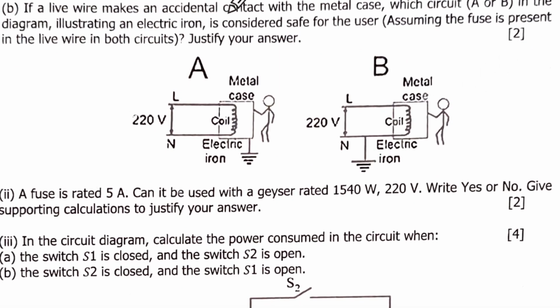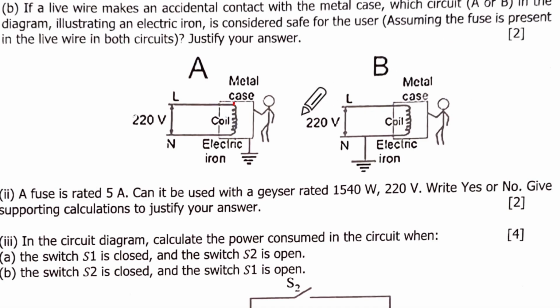A live wire makes an accidental contact with the metal case. So this is the metal case, this is the live wire, and this is the metal case. It's making the contact here.